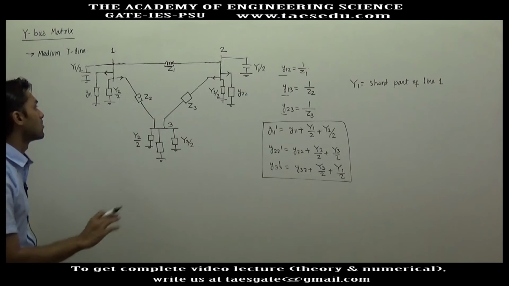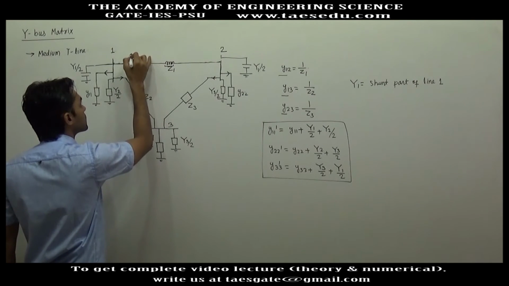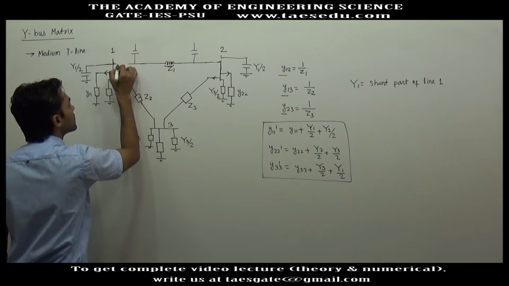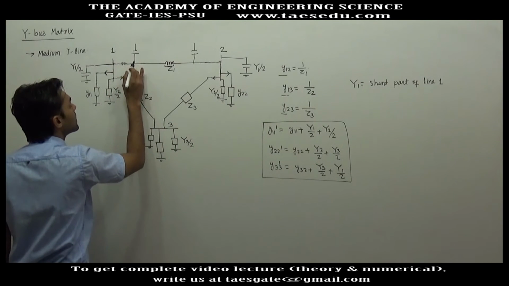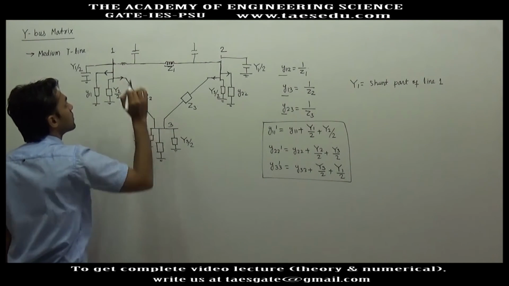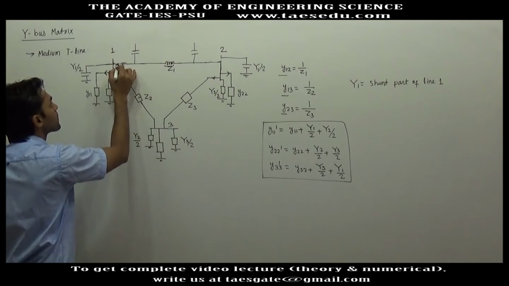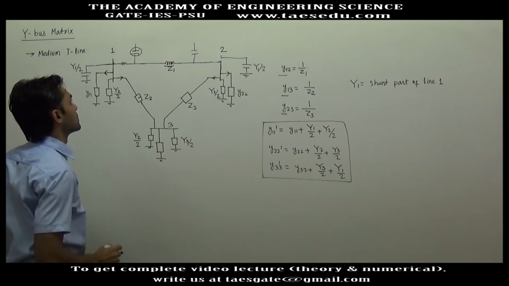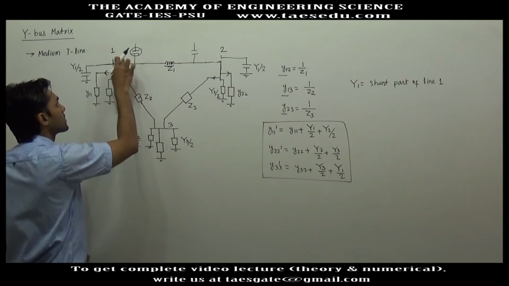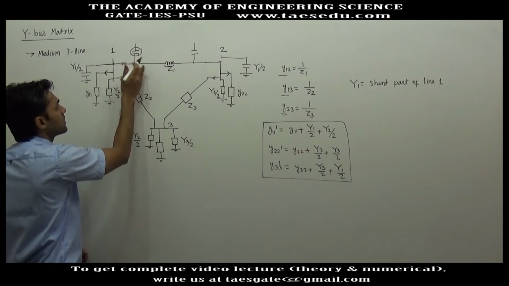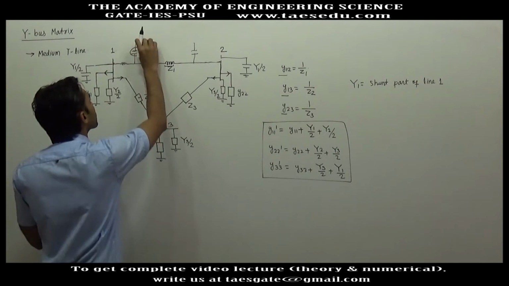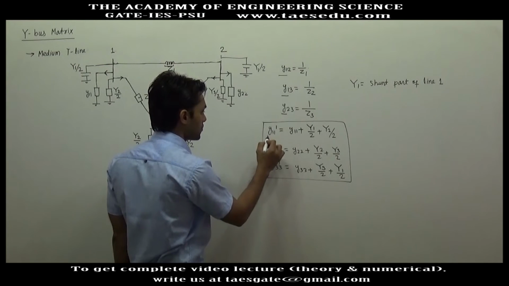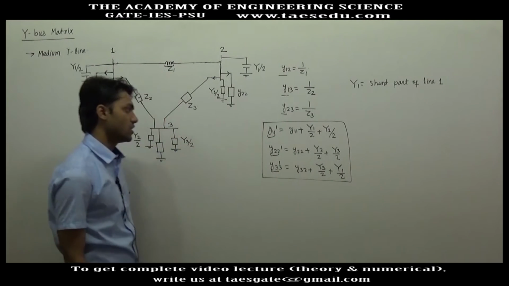If the shunt part was not connected at the extreme end, let's say the shunt part is connected here, there would be some impedance here also, and in that case we could not say that the shunt part of the line will act as the shunt part of the bus. But in the modeling, this is connected at the extreme end, and on the extreme end of the line you have the bus. So you have the new shunt elements, and this way you can find out the new admittance matrix.